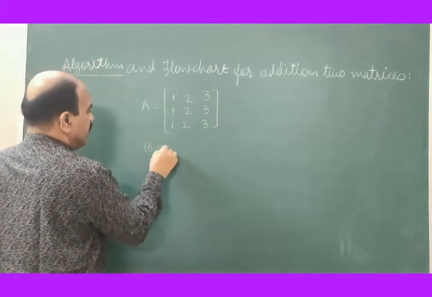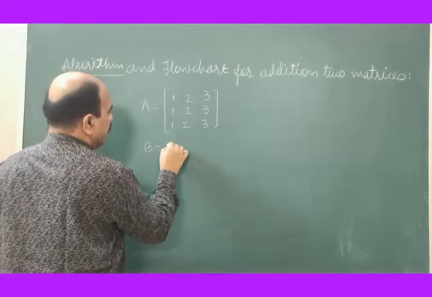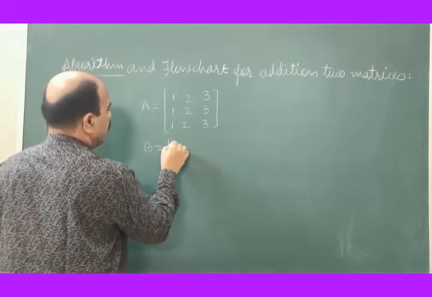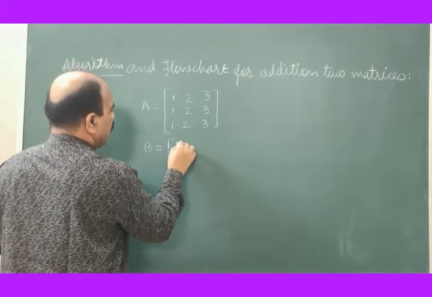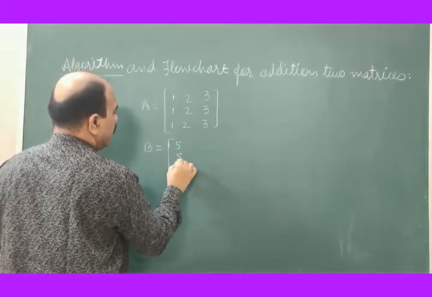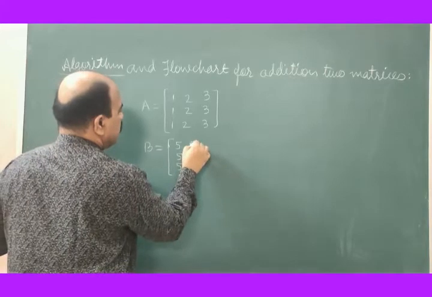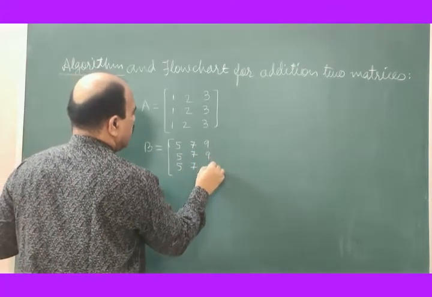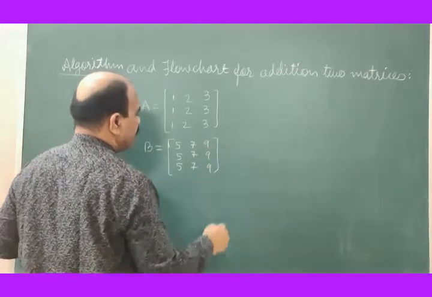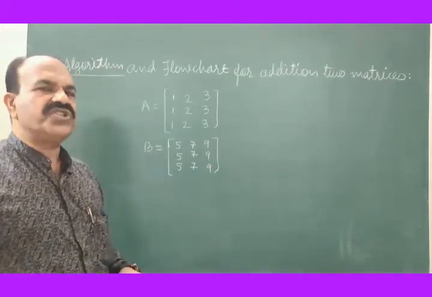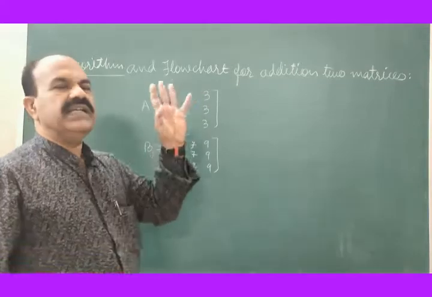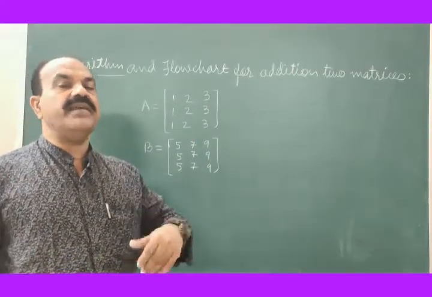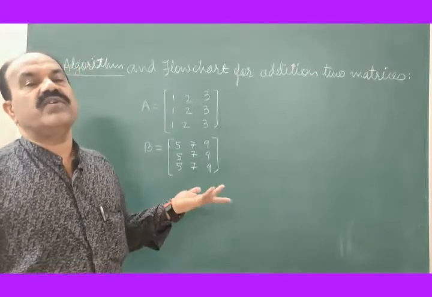Matrix B: 5 5 5, 7 7 7, 9 9 9. There is no restriction on the selection of elements of the matrices. You can select any element for matrix A or for matrix B.